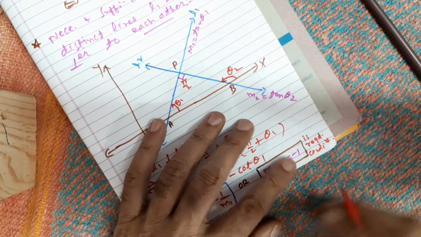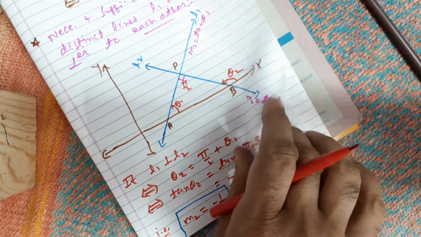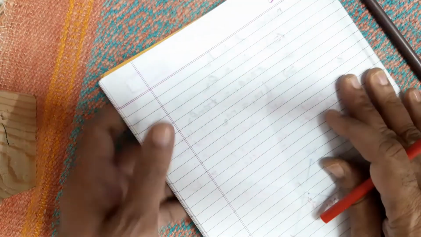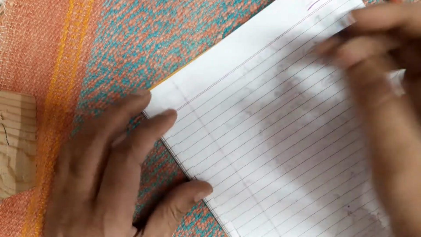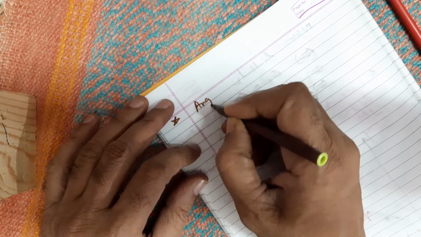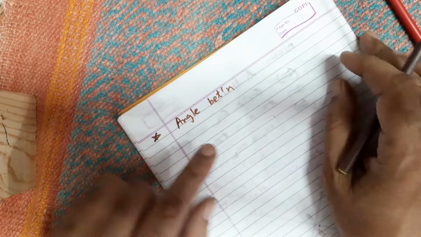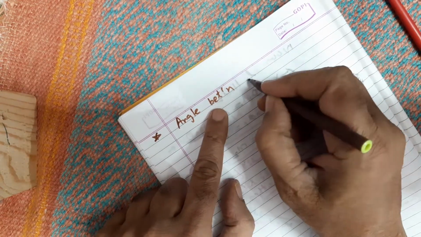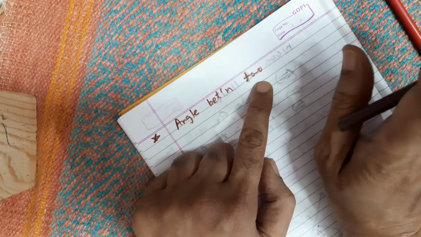Okay friends, clear? Right. Now the third theory topic for today is the angle between two lines. It's a very important concept. Just be careful. Angle, or say measure of angle between, I'm writing in short, angle between two non-perpendicular lines.